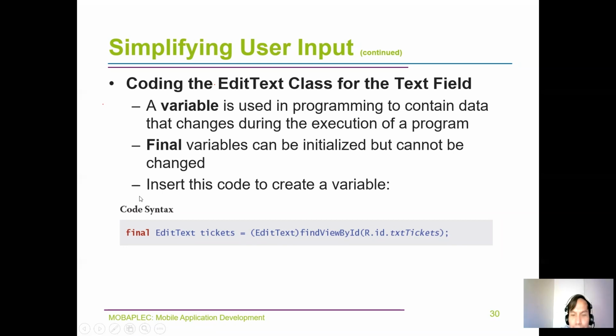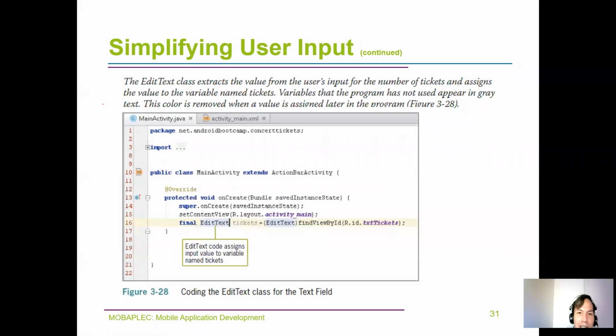Now let's proceed with the extractions. The EditText class extracts the value from the user's input for the number of tickets and assigns the value to the variable named tickets.